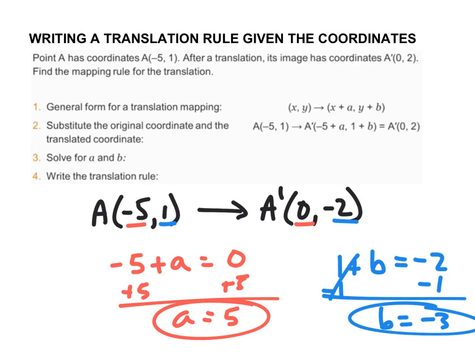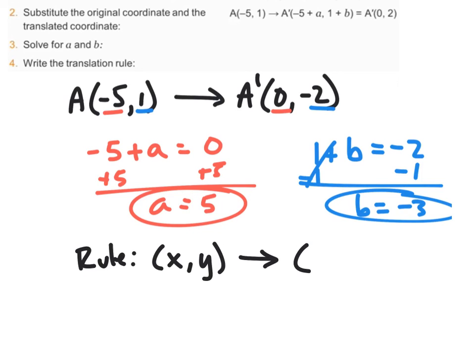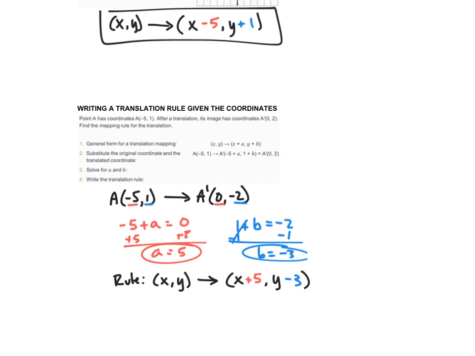So I can set up those equations to solve for a and for b. Then I can write my rule, which is take the point x, y, do your mapping, and that would give you x plus 5 comma y minus 3, and that's the rule that you would use for your mapping.